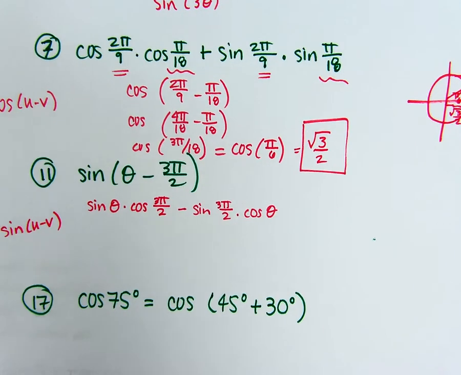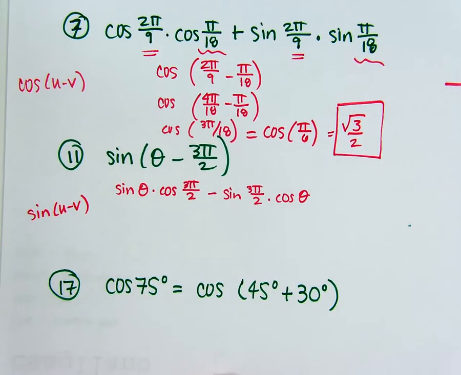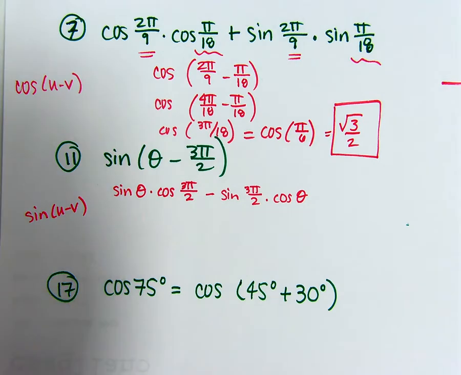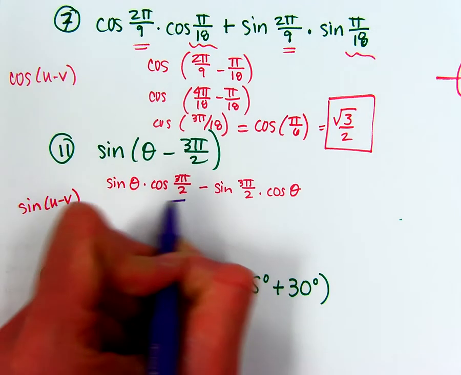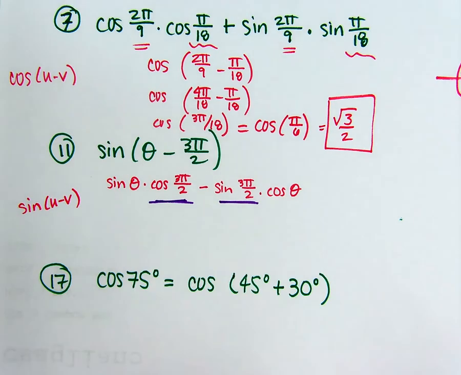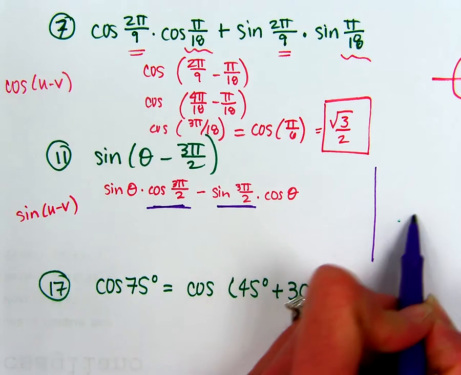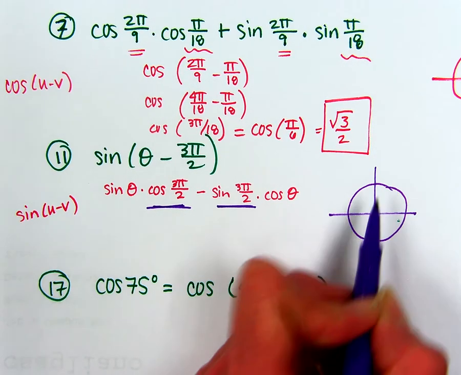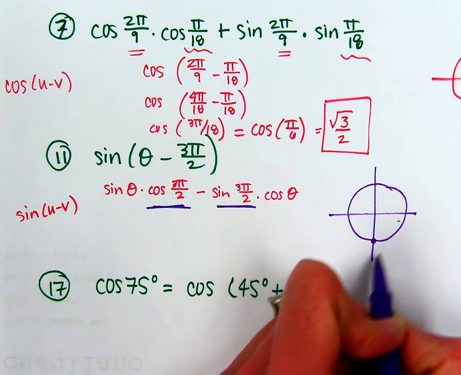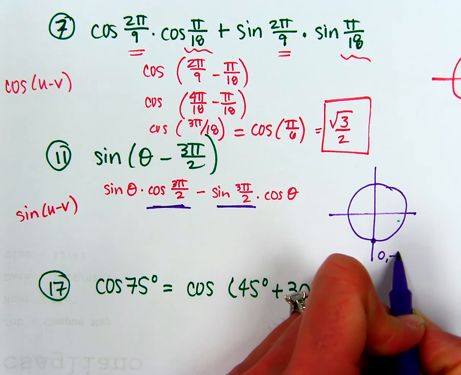Again, if it's something on your unit circle, then you should replace it. The ones on our unit circle are cosine of 3 pi over 2 and sine of 3 pi over 2. Let's think about where 3 pi over 2 is. It's down here, and this ordered pair would be 0, -1.